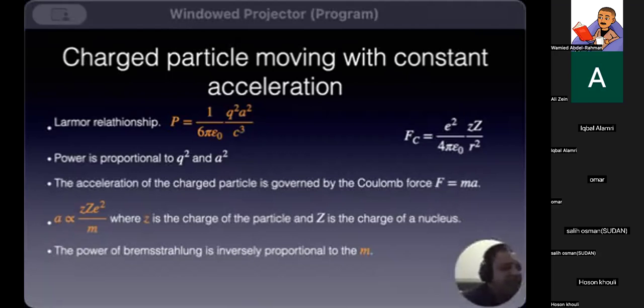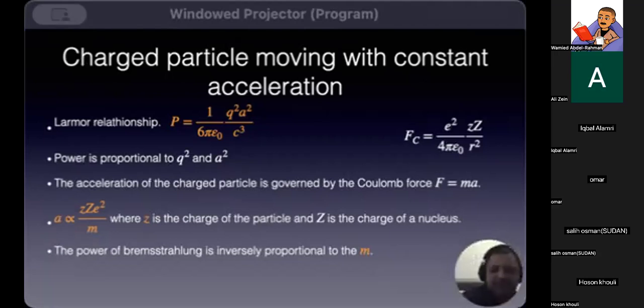Because the proton is heavier, the acceleration is going to be less. It's like a truck and a small car. You apply the same force on both. It's easier to stop the car with the same force compared to stopping a truck. So what you're saying is correct. Now I understand what you're saying, because the force is the same.